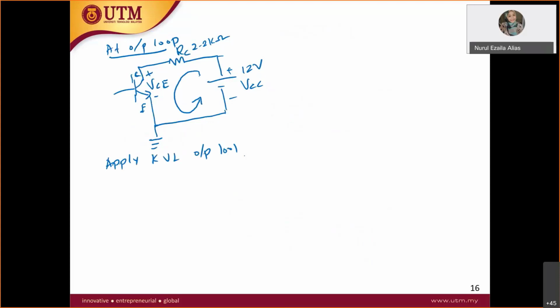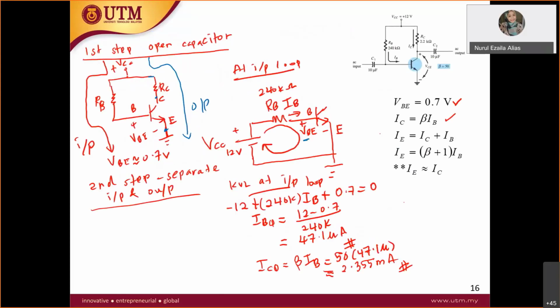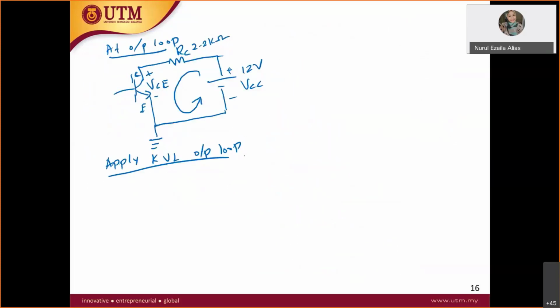The loop is clockwise like this because current always goes out from plus and back to negative. Your KVL will be negative 12.